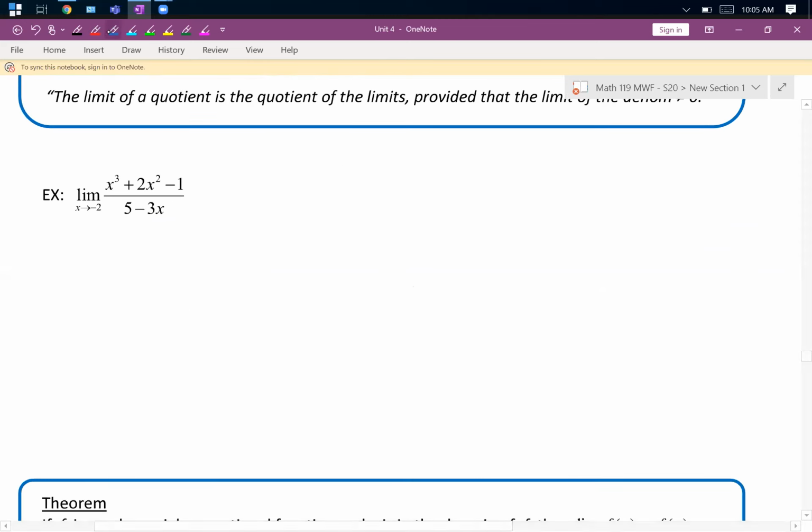All right, well, that means that we can break this up into the limit of the numerator. Because there's so many terms, I like to put it in parentheses. Over the limit of the denominator.